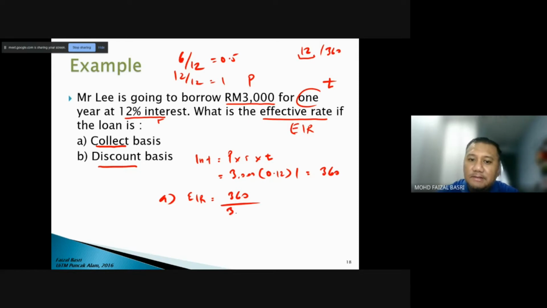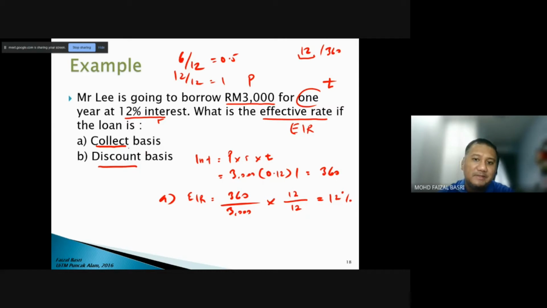So they're going to receive 3,000 ringgit solid, times 12, divided by T. In our case, the T is 12 months, 1 year, so put 12 also. So actually you don't have to calculate. This is actually 12%.